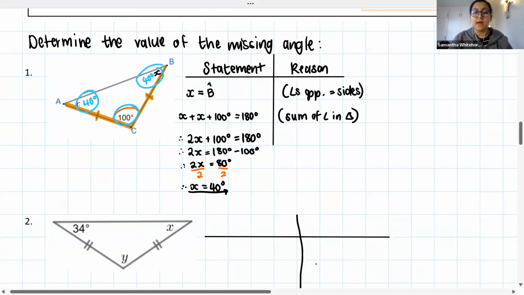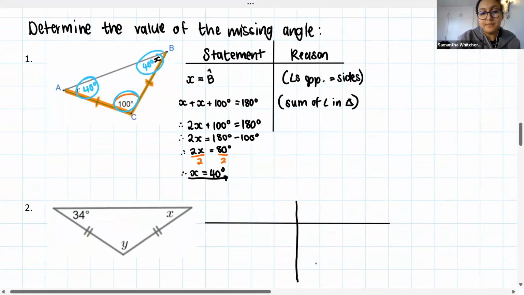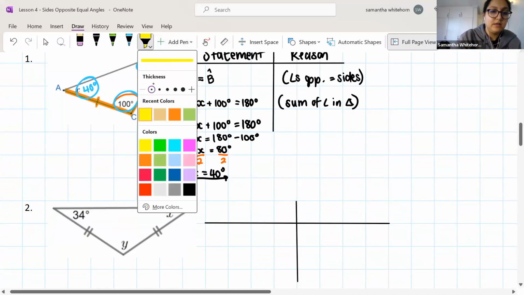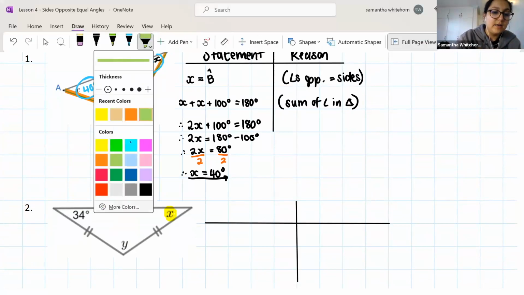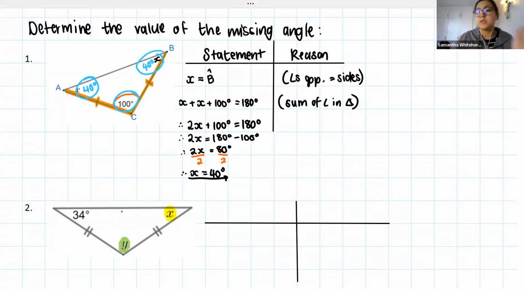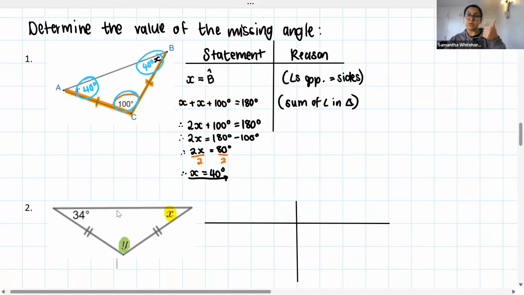So there's two angles that I want the value of, x and y. X is the yellow one at the top right, and then we've got angle y down at the bottom. So I need two answers from you, an answer for x with a reason and an answer for y with a reason, please.